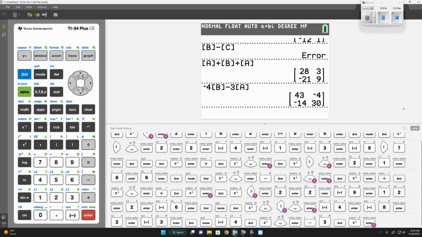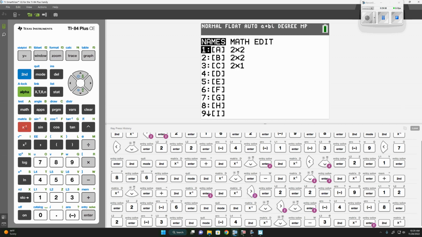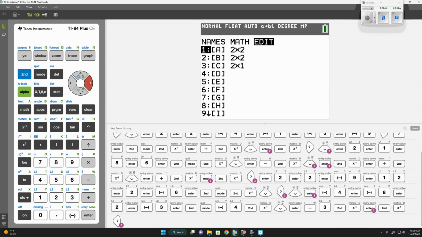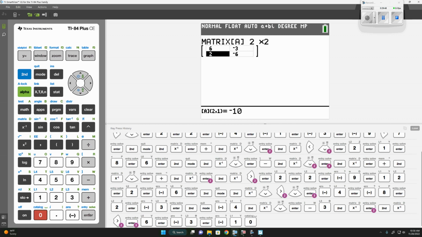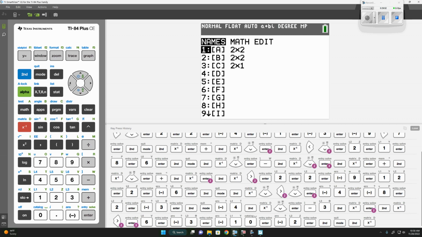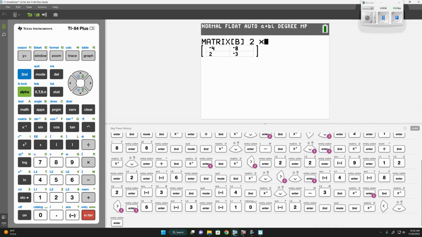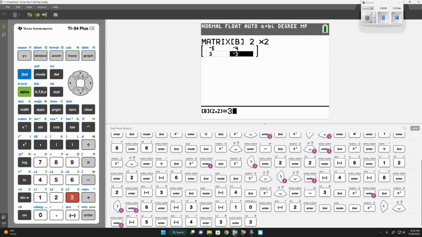And if we wanted to, we could have plugged this in a calculator. It can do it as well. Because I could say second matrix A, which is a 2 by 2. So here it's 6, -3, -10, -2. Second matrix B is a 2 by 2. So -5, -4, 3, 3.